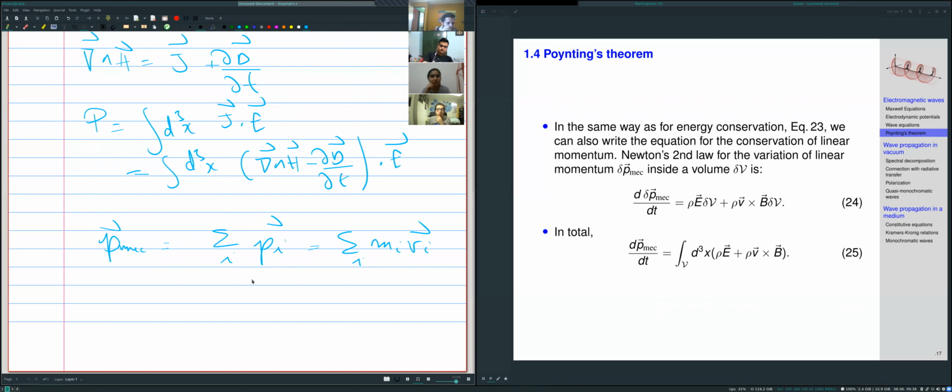So we must imagine a volume element like this, and I'm counting n charges in here. So when we integrate over all volume elements, d3x would be the volume element in Cartesian coordinates.